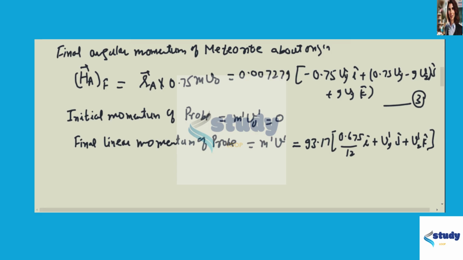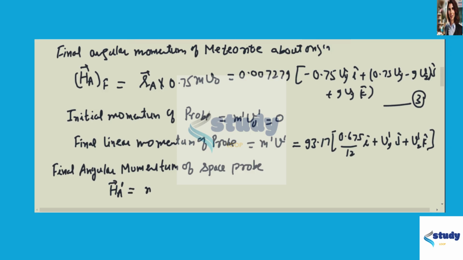Final angular momentum of space probe, H A dash, is m dash into kx square omega x dash i cap plus ky square omega y dash j cap plus kz square omega z dash k cap.